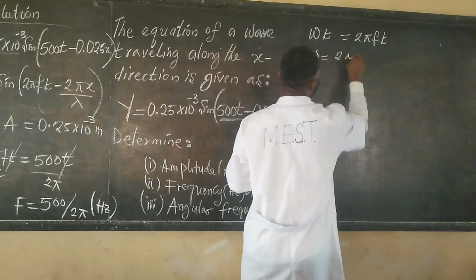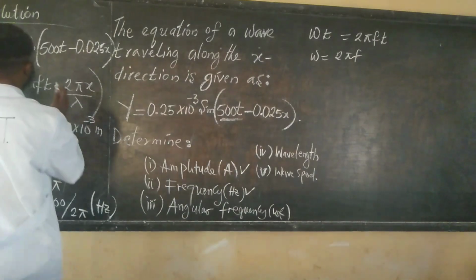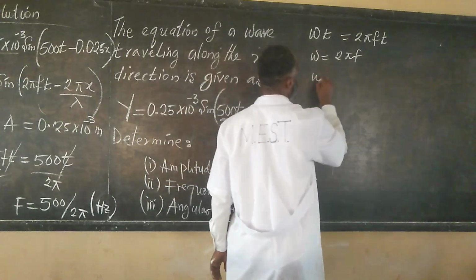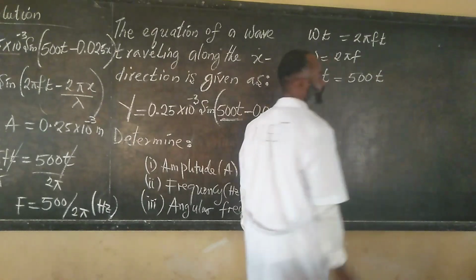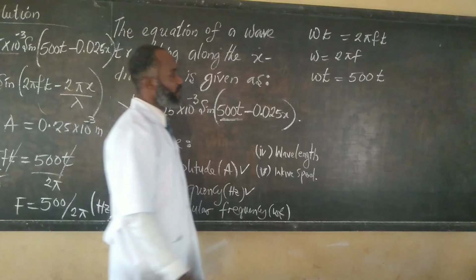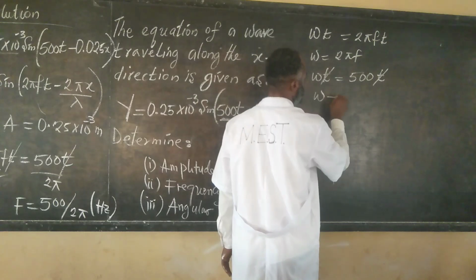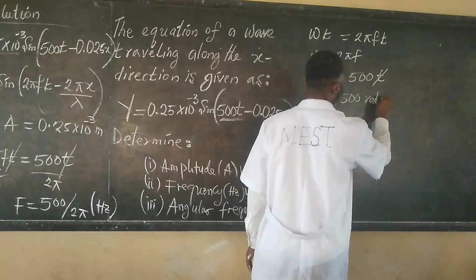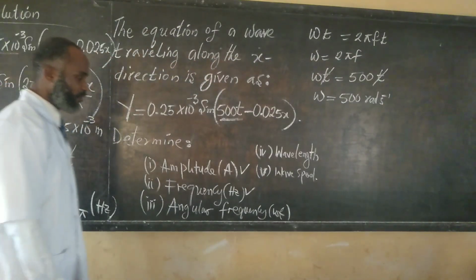So we can now say that omega t, the angular frequency, is equal to 500t. By cancelling out t, I will have angular frequency is equal to 500 radian per second. So we found the angular frequency.